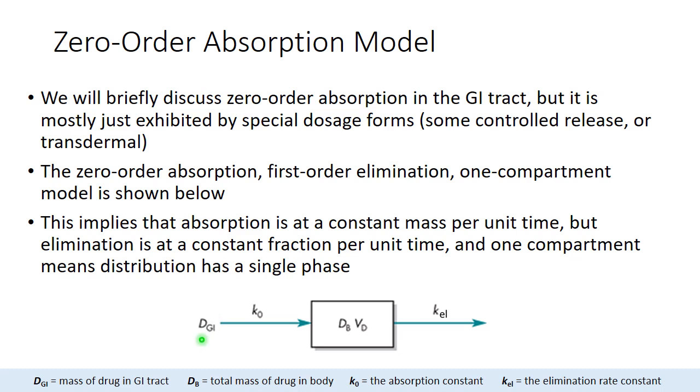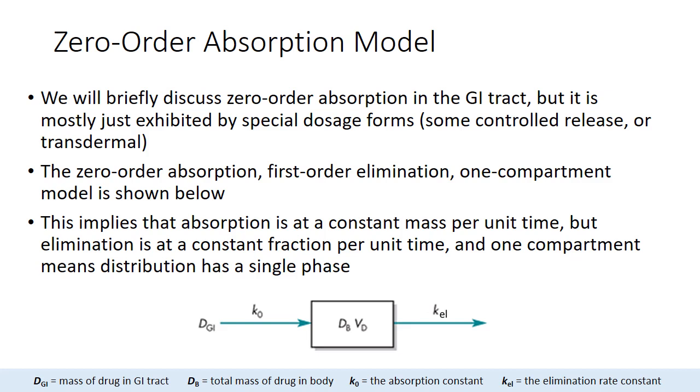So DGI is the mass of drug in the GI tract, so that will change over time. The K0, because again that's a zero order absorption, is a constant for absorption. DB is the mass of drug in the body, VD is the volume of distribution, and KEL is the elimination rate constant, first order.